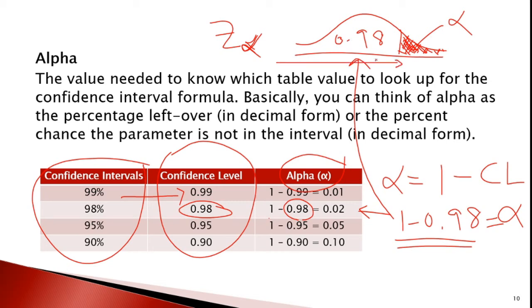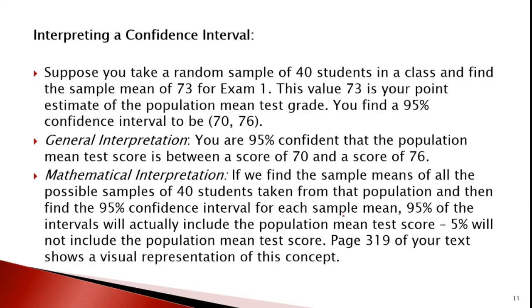It has covered 98%. So that's the idea. If this is alpha, this is 1 minus alpha. So what is 1 minus alpha? It is this one, which means 0.98, because my alpha is 0.02.